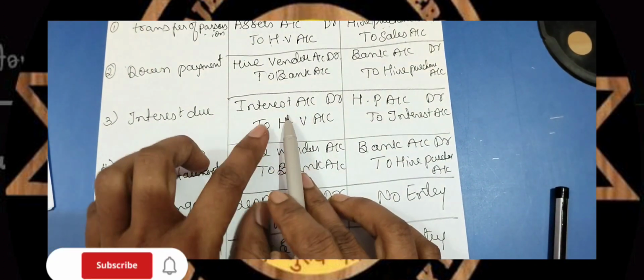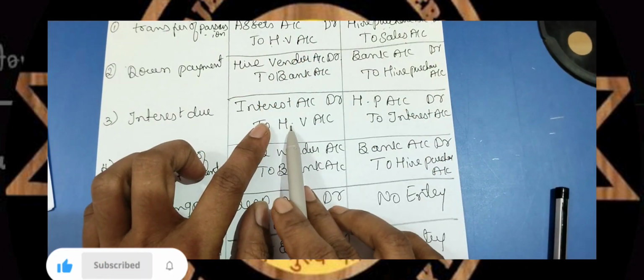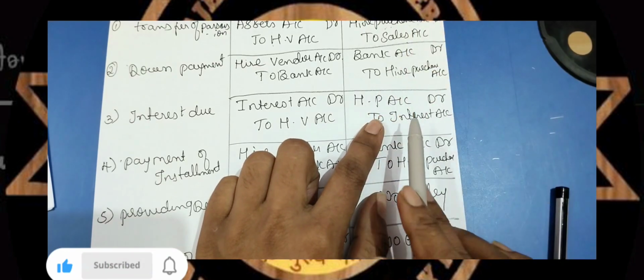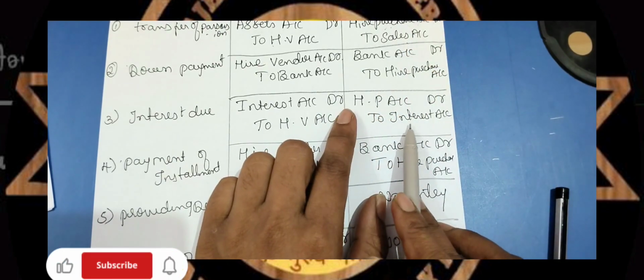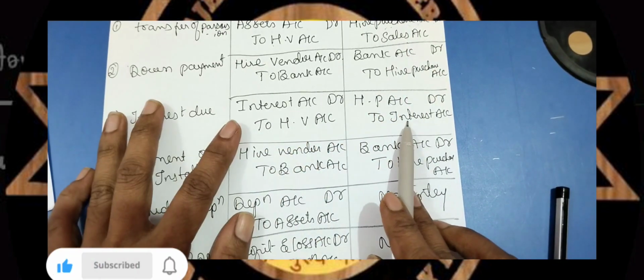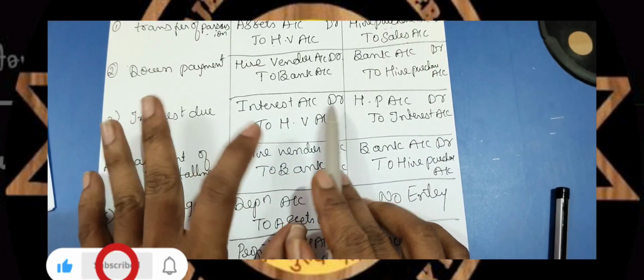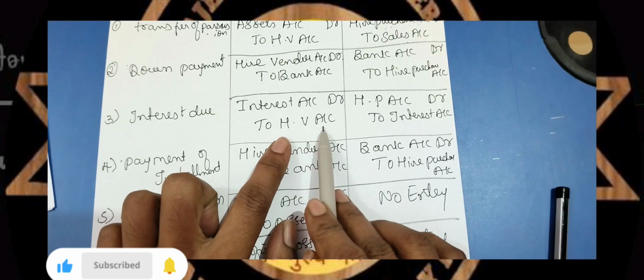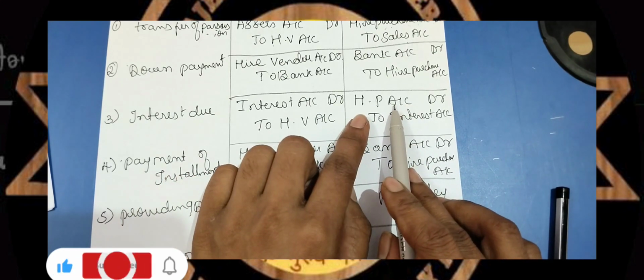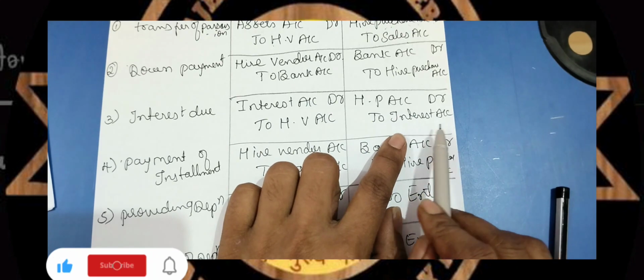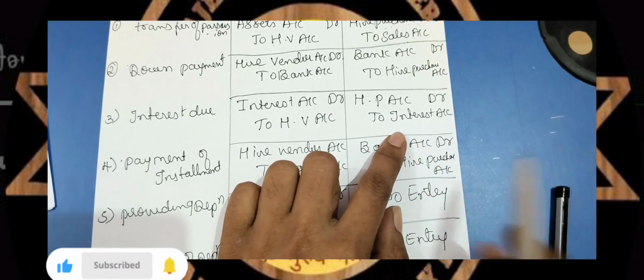Interest due, for hire purchaser interest is an expense because he is paying interest, and for hire vendor it is a revenue income, right? He is receiving an interest. So interest account, here we are debiting, debit expenses. To whom we are paying? Hire vendor. Here hire purchaser is paying interest, to interest account we have credited, credit incomes and gains, right?